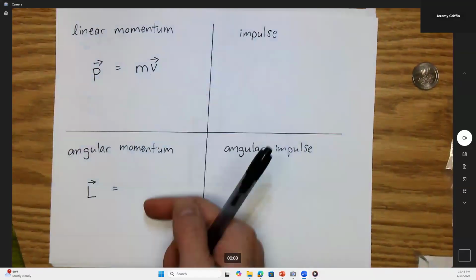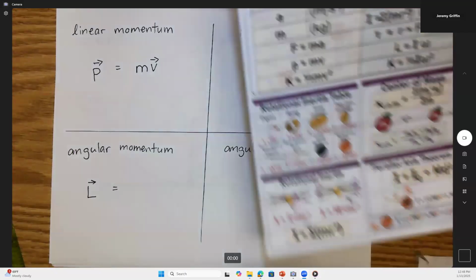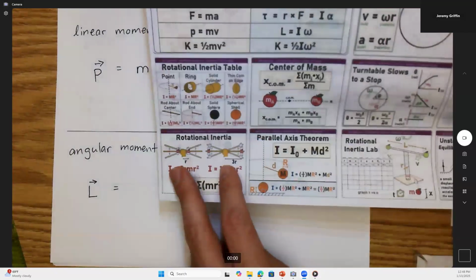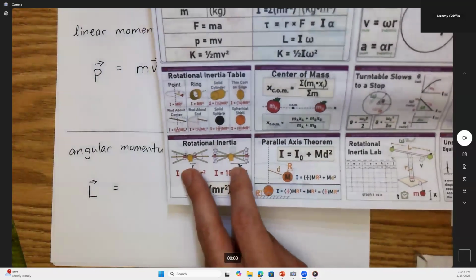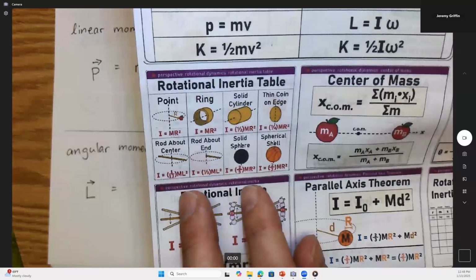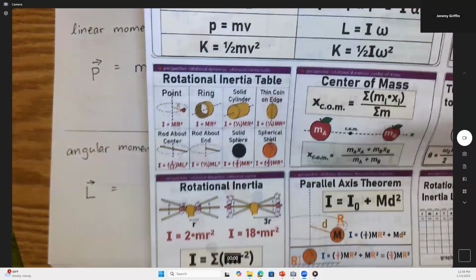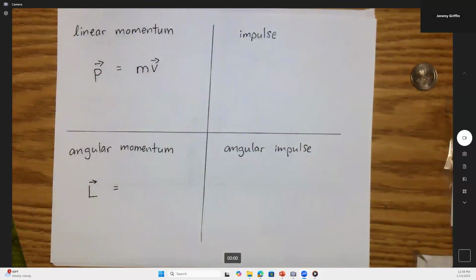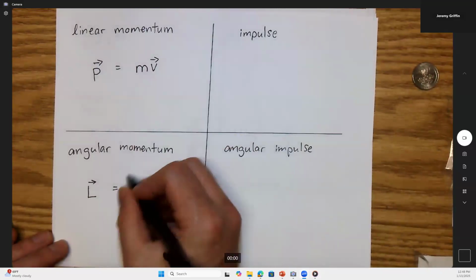You guys remember last week, I passed around a couple of meter sticks with weights tied to them, and you shake them back and forth, and they have different rotational inertia. There was a whole table of values depending on how mass was distributed, like this basketball might be close to a spherical shell, and a bunch of other shapes too. And guys, what was the physics character for inertia in a rotational sense? What letter are we using?